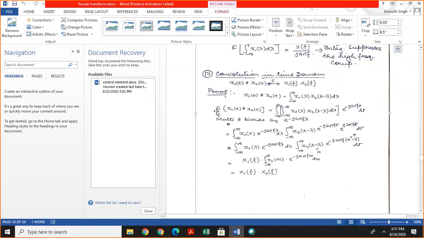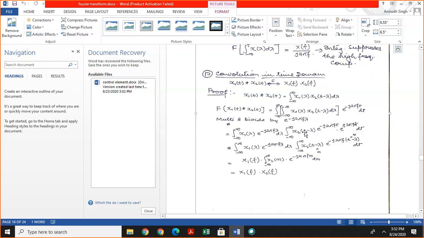If we take the Fourier transform of both sides, and assume this is x of t, the integration from minus infinity to plus infinity of x of t multiplied by exponential minus j 2 pi f t dt. Multiply and divide by exponential minus j 2 pi f lambda, and if we take x1 of lambda outside this integration, we get this expression.